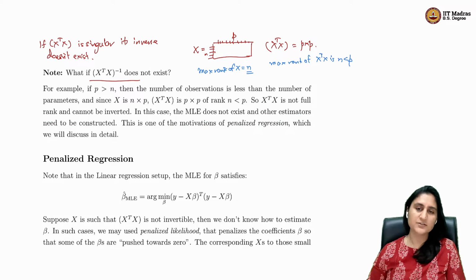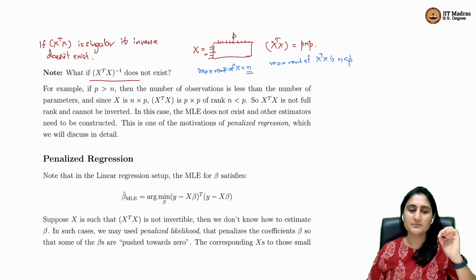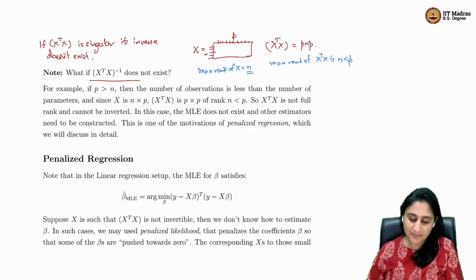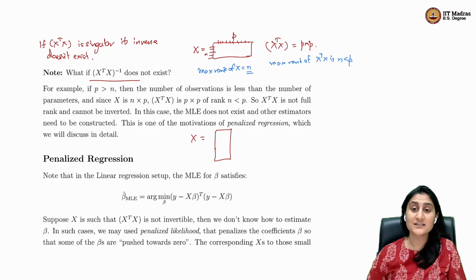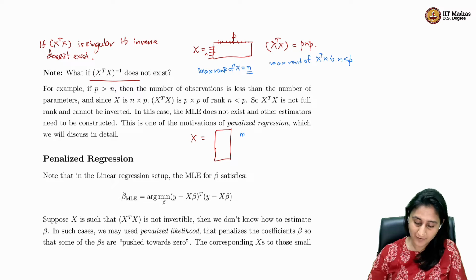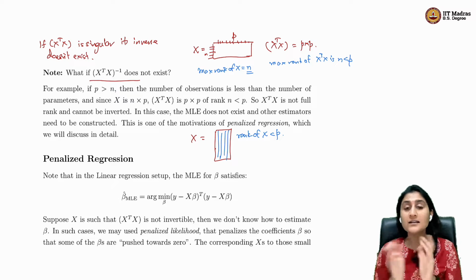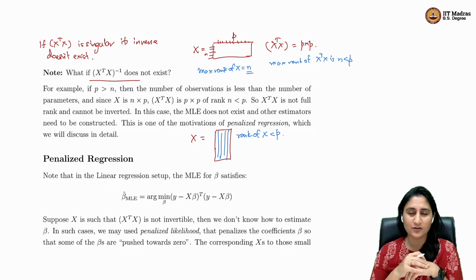Now, there's another situation in which X transpose X may not be invertible. And that happens even for tall matrices, when X looks something like this, but X itself is not full rank. So when the rank of X is less than P, which means that some columns are linearly dependent on other columns.